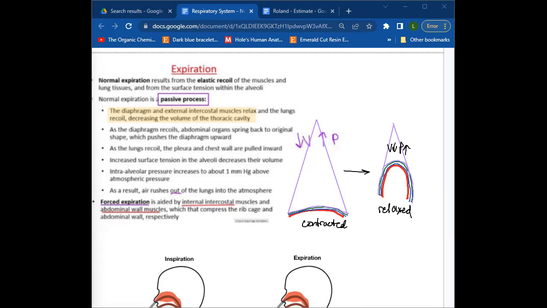So, because the pressure inside the lung is increasing and air wants to flow to areas of lower pressure, it flows out. And it's going to leave the lungs.